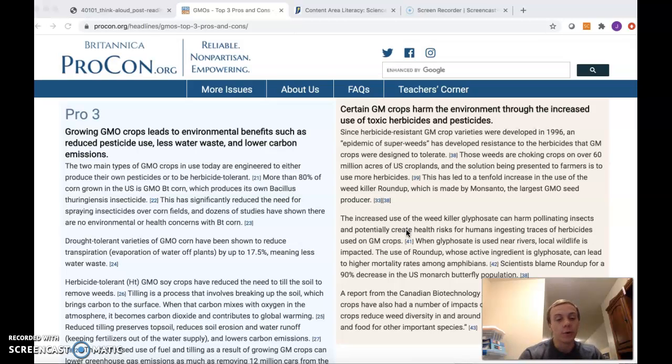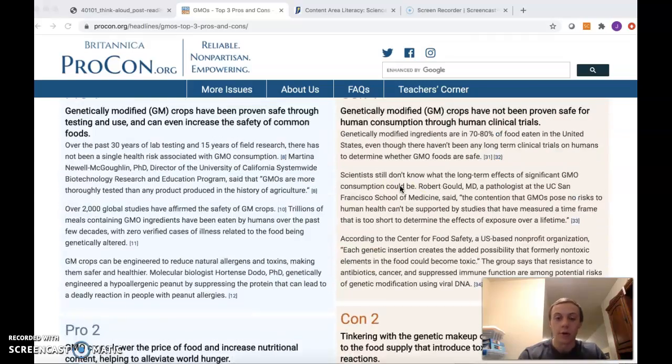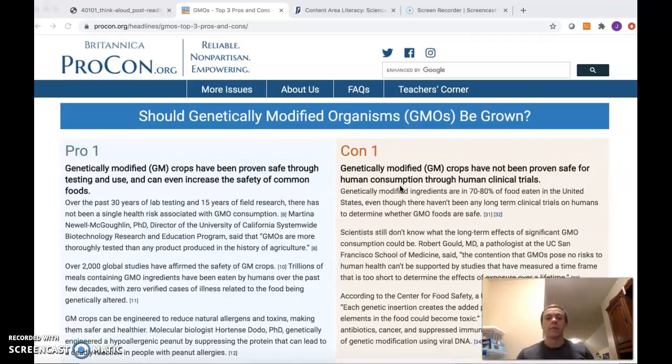However, some people would push back on that and say the exact opposite. Genetically modified crops haven't been proven necessarily to be a perfectly safe strategy. And further, some people would say that there's this potential that they actually release allergens and toxins, and that is what's causing the increase throughout these last few decades in allergies and in negative responses to foods.